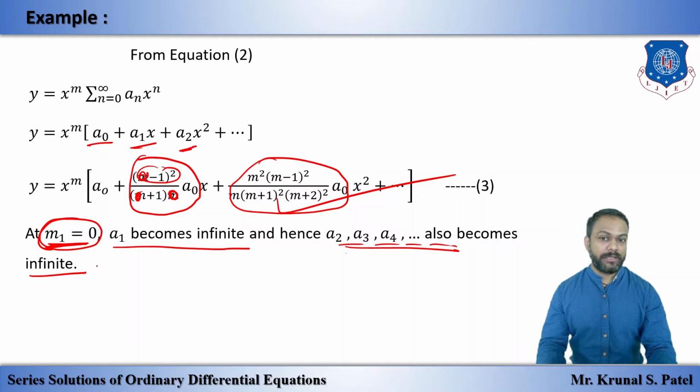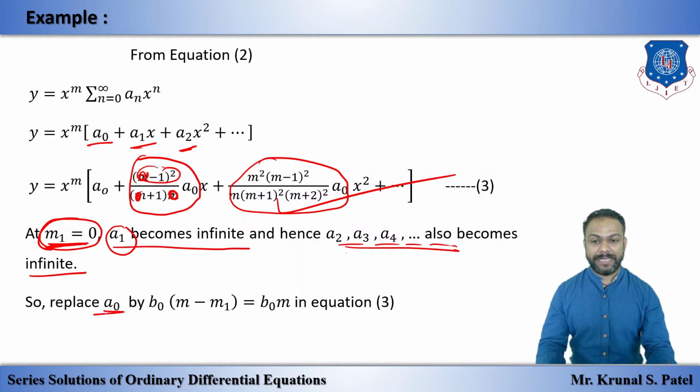And as we told, if any of the coefficients becomes infinite for the smaller root, then we will replace a0 by b0 plus b0 into m minus m1. m1 is our 0, so we will replace a0 with b0 m in equation number 3.